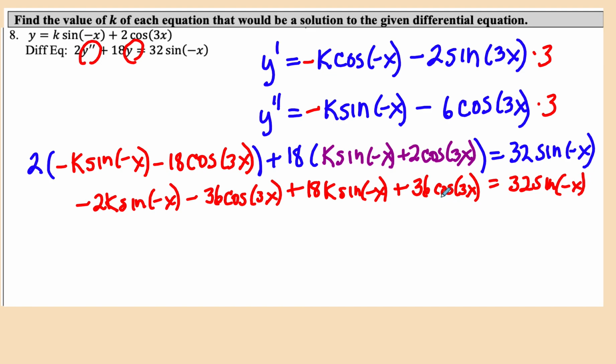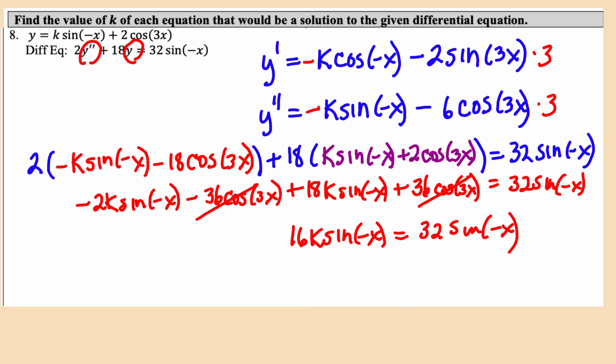And it looks like these are going to go to 0. And I'm going to count how many of these sine x terms I have. Negative 2k and 18k, so I'll have 16k altogether. 16k sine of opposite of x equals 32 sine of opposite of x.